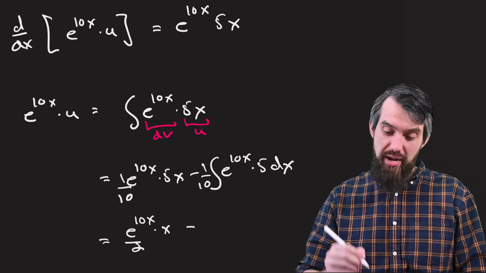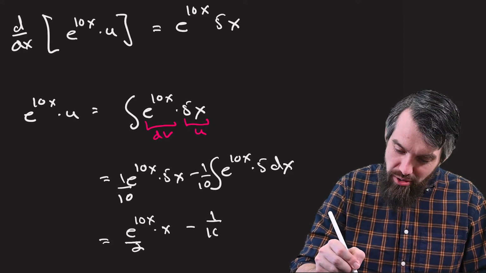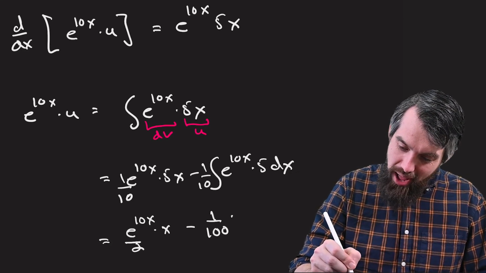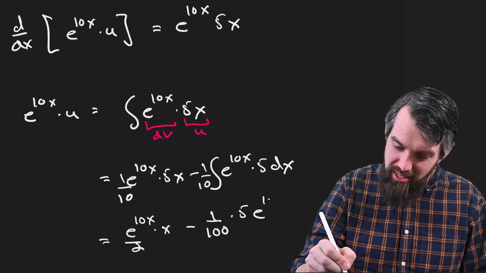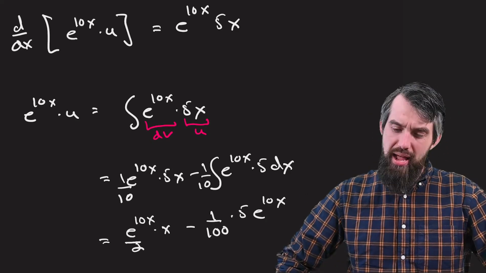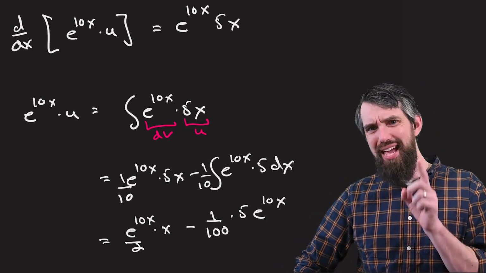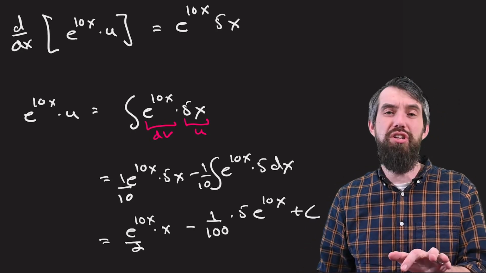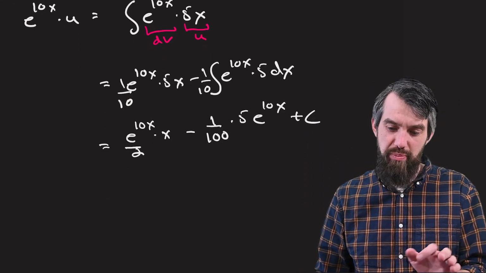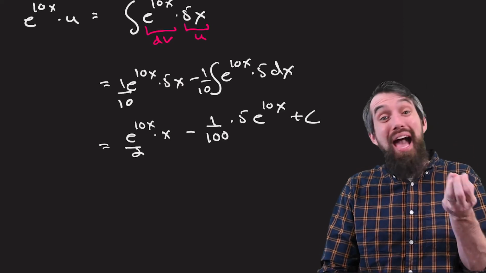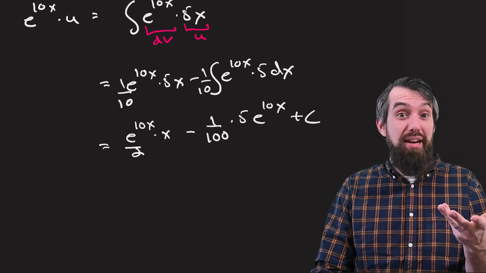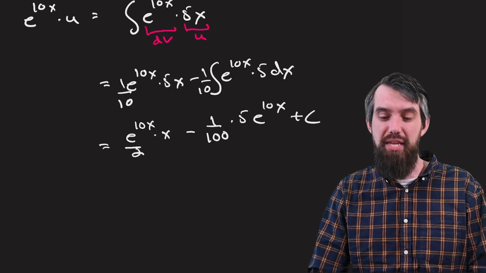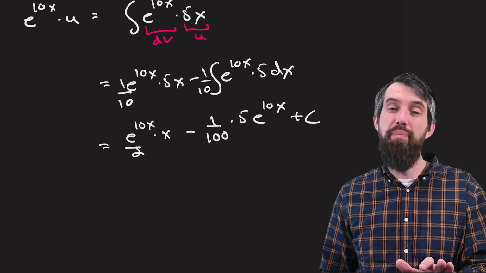And then when I integrate, I get minus 1/100th multiplied by 5e to the 10x. And then I can't forget, of course, at this stage, I am going to have a plus c, and I don't want to get rid of it at this particular stage because it is important. And if we had an initial condition, then we would use that initial condition to determine the value of the c.